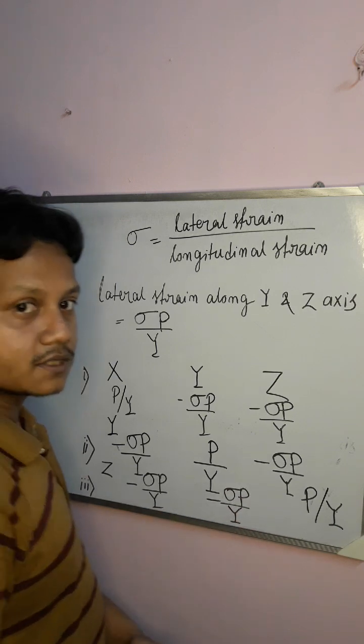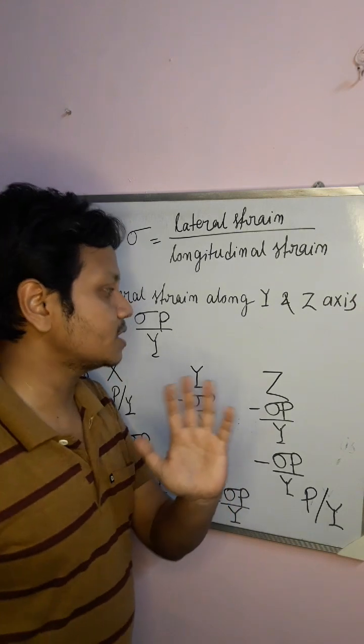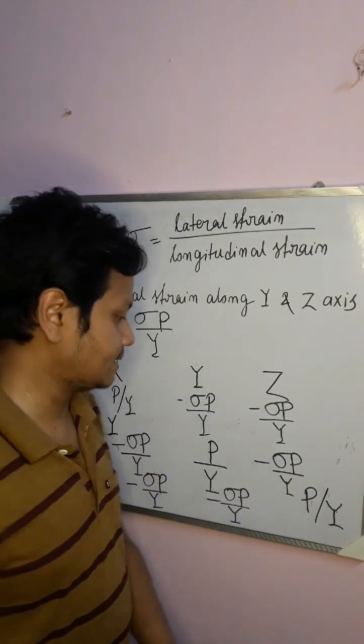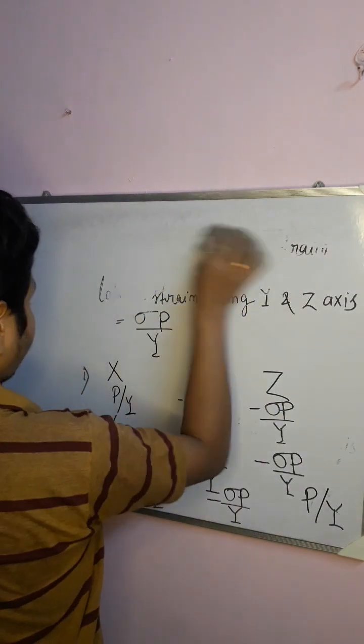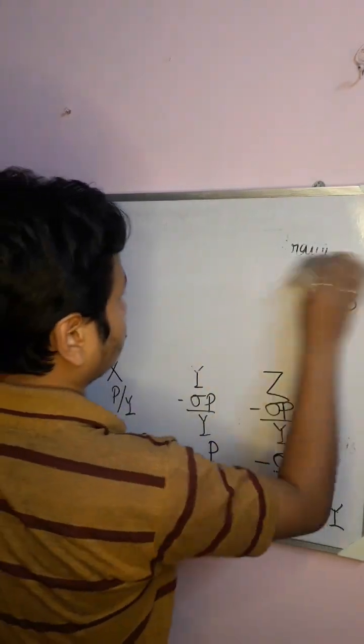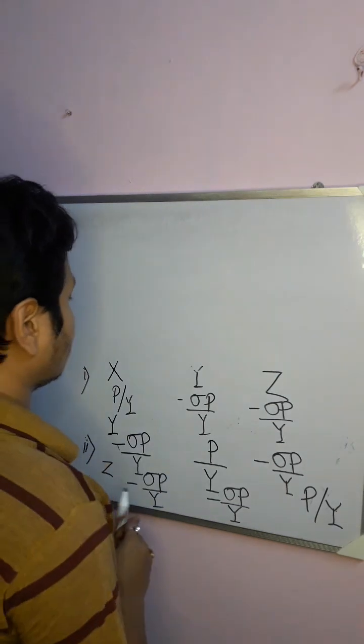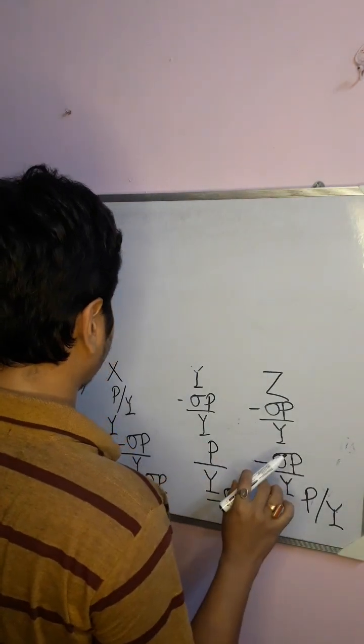Okay, so this is the net result of the forces acting along three different axes. How much elongation is there along the three axes?